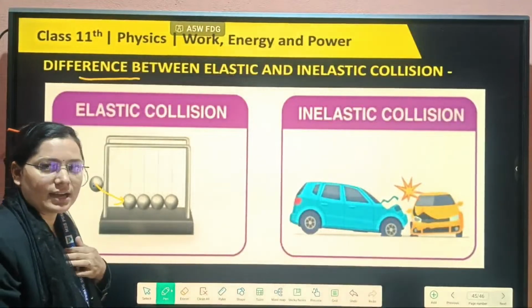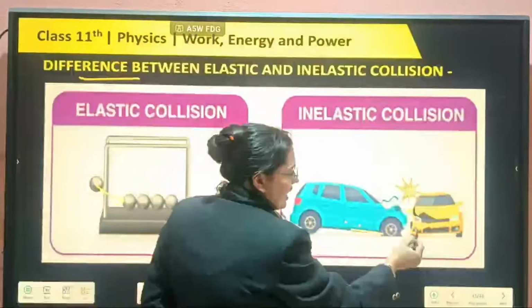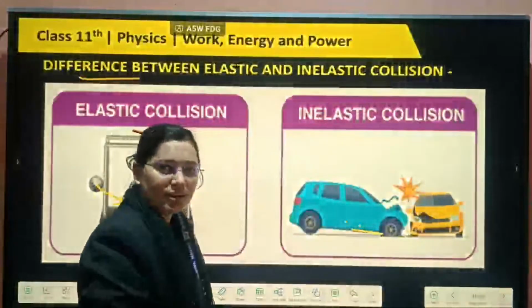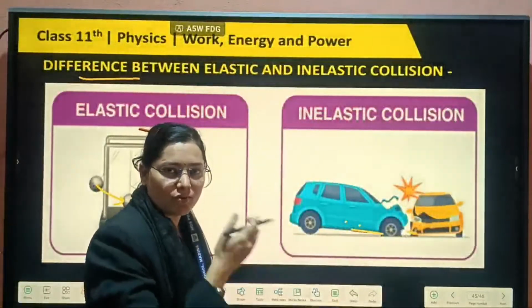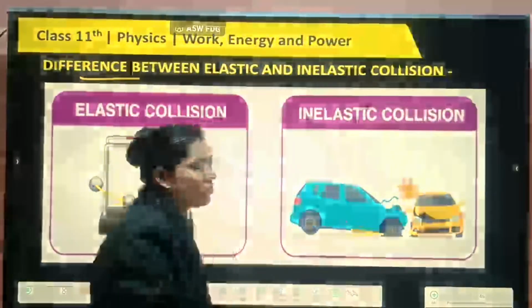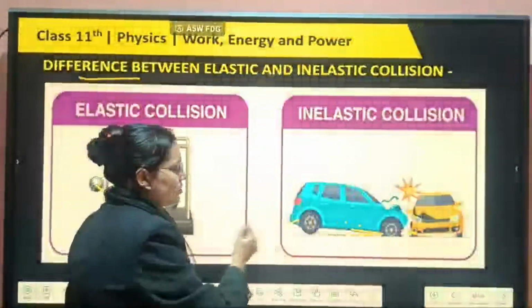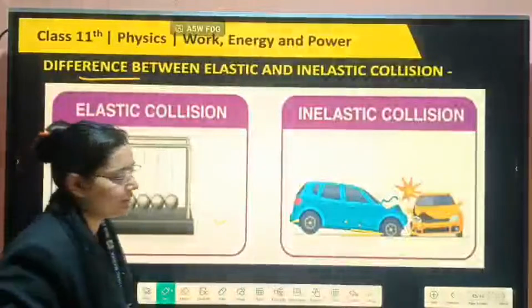There is no loss of the kinetic energy. But in that case, beta, this car strikes with this one, then velocity will not remain the same as before the collision. That's why there is a loss of the kinetic energy. It will not follow the conservation of the kinetic energy. So this one is inelastic collision, and this one will be your elastic collision.